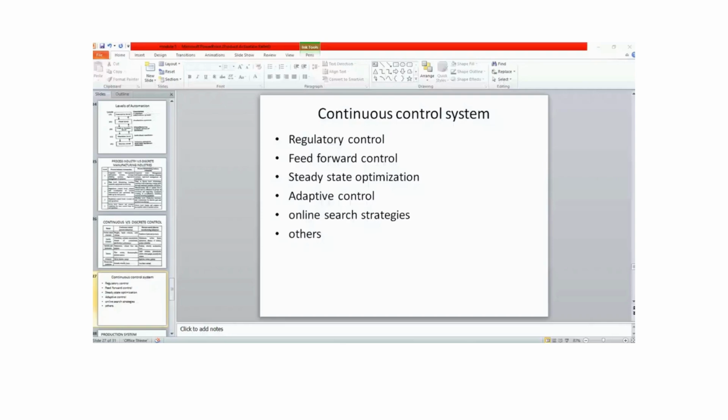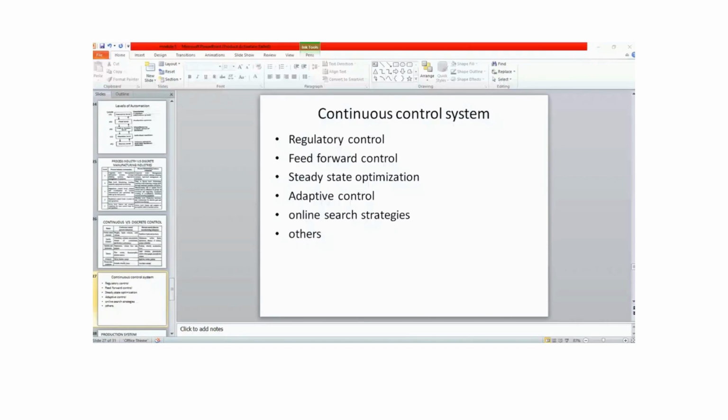You people have already studied feed forward control in control engineering. What is feed forward control? You are studying the feedback control system and the feed forward control system. You studied proportional, integral, then differential controllers.